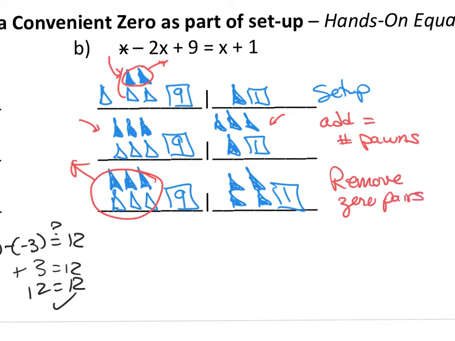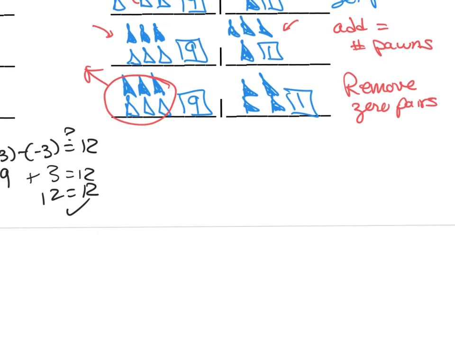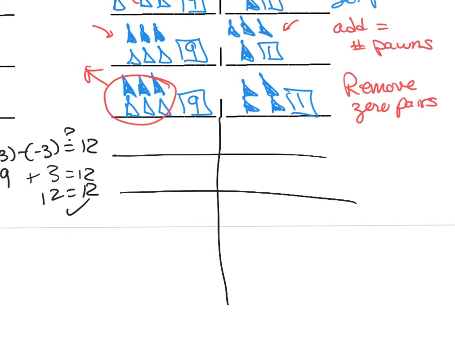And when you remove those 0 pairs, then what you get on the left-hand side, and I'm going to go ahead and split this guy apart because I'm about to do something with it. 1, 2, 3, 4, and a 1, and from here to here I'm going to simplify or unsimplify.